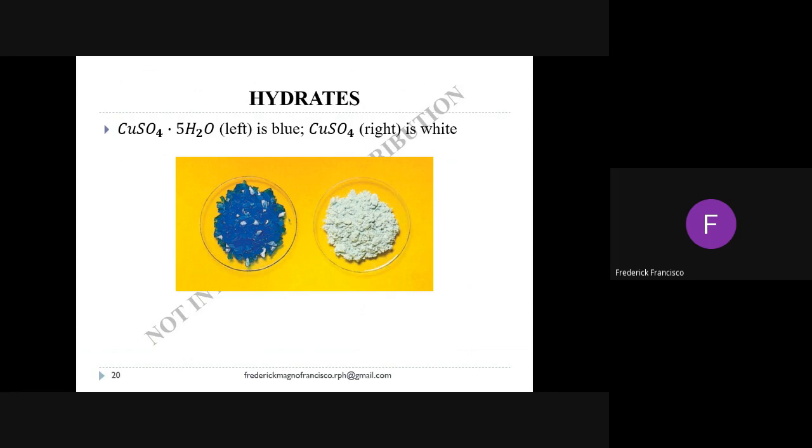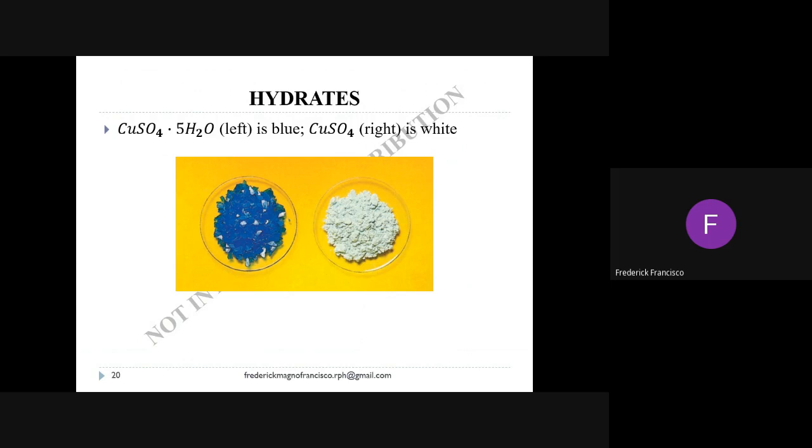Hydrates are compounds that have a specific number of water molecules attached to them. For example, in its normal state, each unit of cupric sulfate has 5 water molecules associated with it. The systematic name for this compound is cupric sulfate pentahydrate, and its formula is written as CuSO4·5H2O.